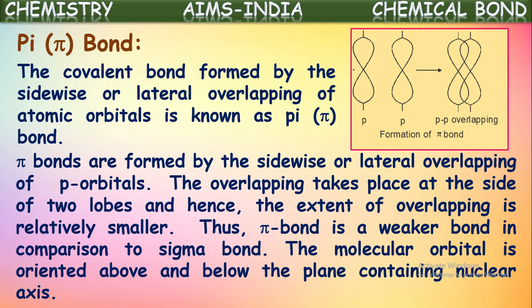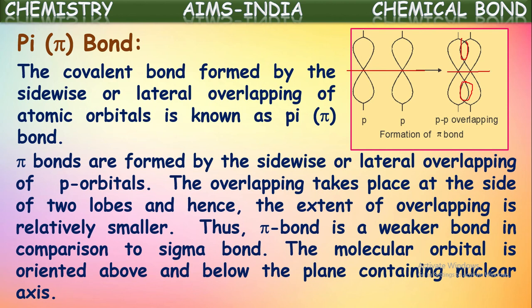So the covalent bond formed by the sideways or lateral overlapping of atomic orbitals is called a pi bond.